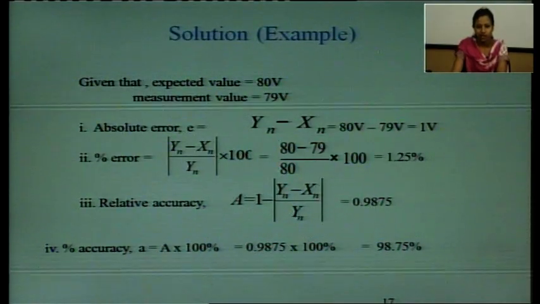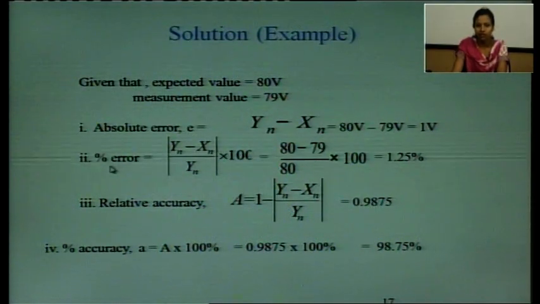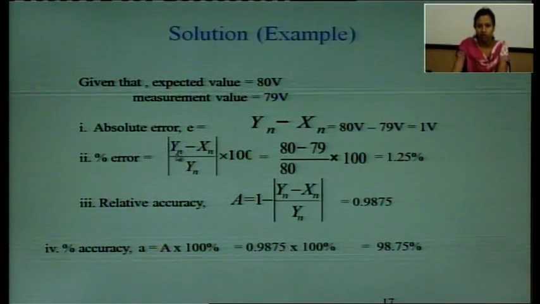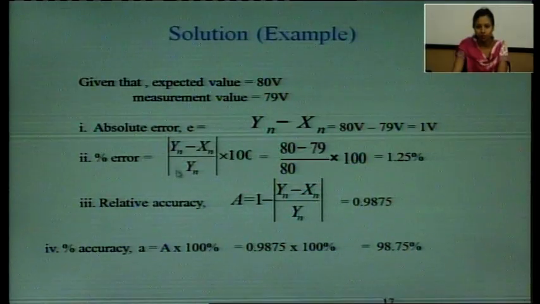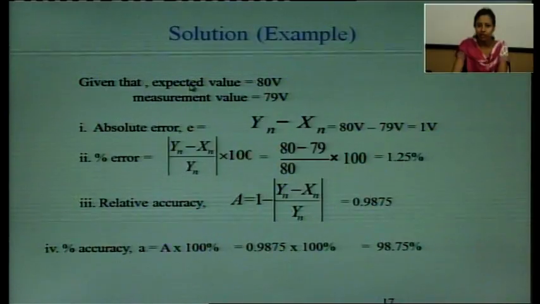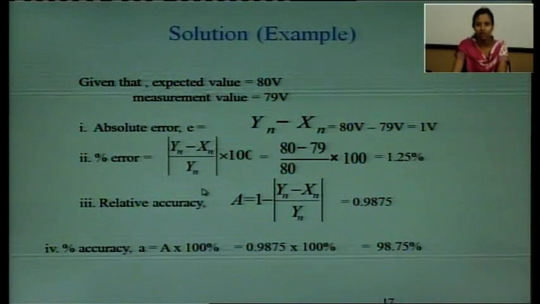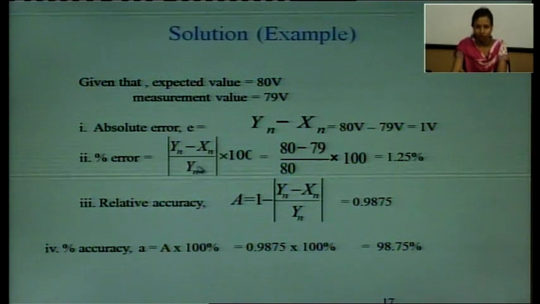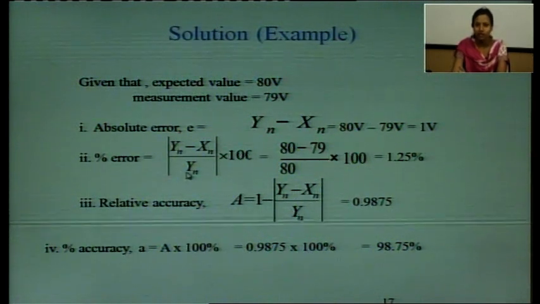Next is percentage error. Percentage error is defined as the ratio of absolute error to the true value multiplied by 100. Here the true value is equal to the expected value according to theory or any phenomena we need to consider here.